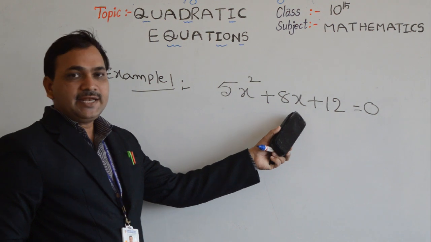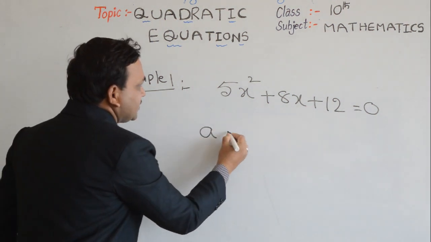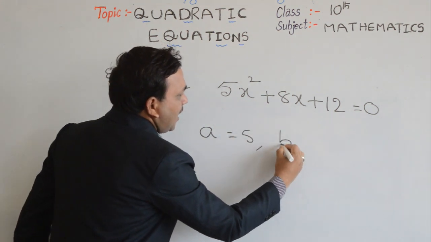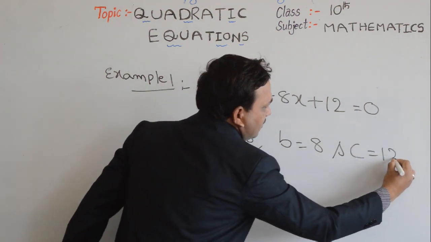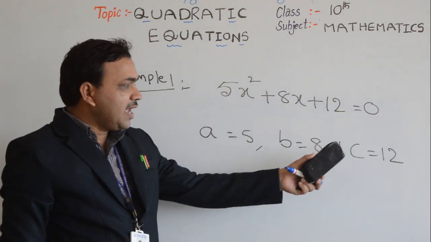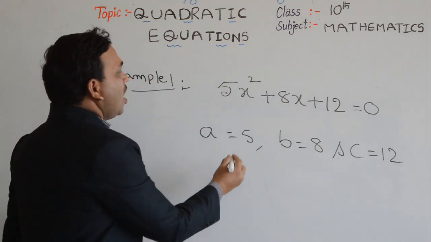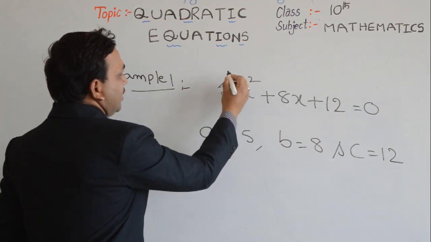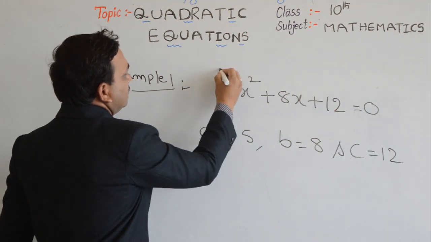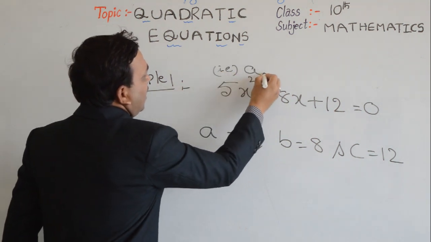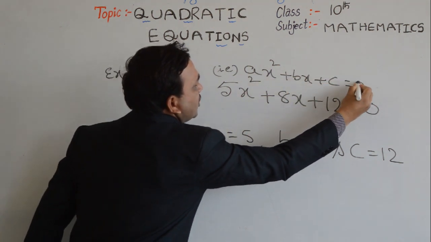Here a is 5, b is 8 and c is 12. Why? Because it is in the form of the quadratic equation, that is, ax square plus bx plus c is equal to 0.